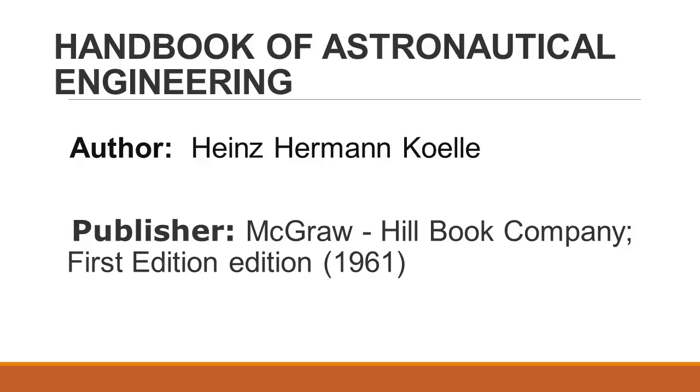Some of the luminaries and innovators in rocket science, like Oberth, Werner von Braun, etc., were on the board of directors for this book project. It is a good source of information about electric propulsion systems also.